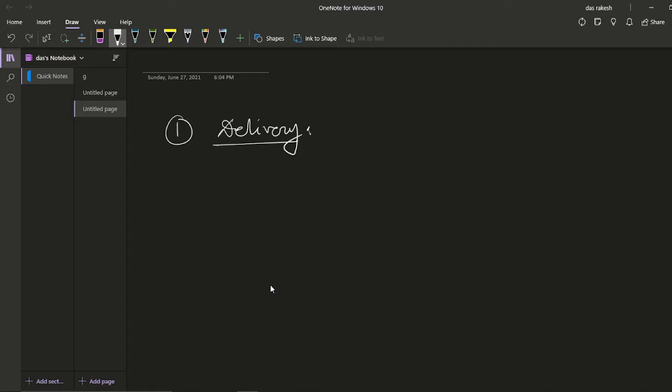The second parameter is known as accuracy. The system must deliver the data accurately. How accurately the data can be sent from one place to another place is known as accuracy. The third parameter is known as timeliness.